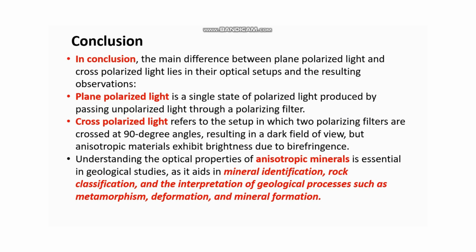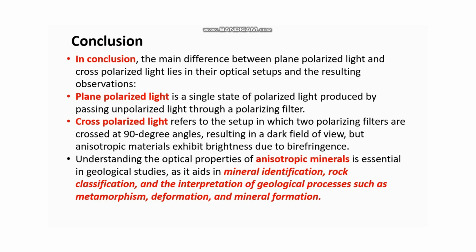But now, in conclusion, the main difference between plane polarized light and cross-polarized light lies in their optical setups and the resulting observations. Plane polarized light is a single state of polarized light produced by passing unpolarized light through a polarizing filter, and then you'll be able to see the color, which is why under PPL you are able to see the color, but under XPL you are able to see birefringence.